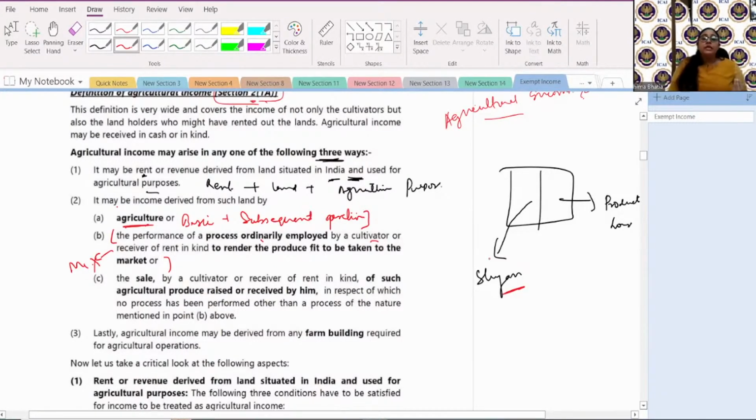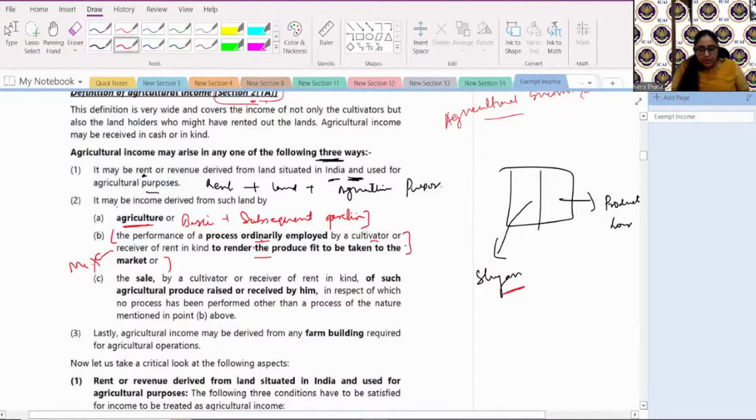So only income which is coming from the ordinary process. Ordinary process means the processes which are ordinary and necessary to make the produce fit to be taken to the market, and whatever income would come would be called agricultural income.